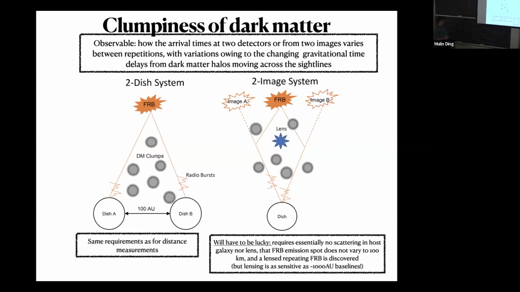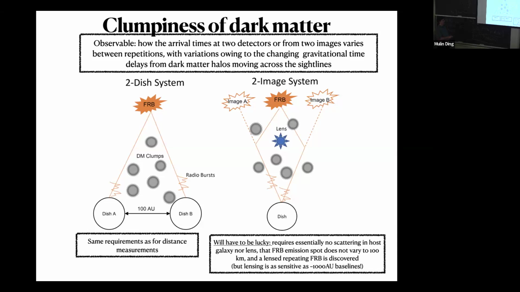It turns out that the two image system, when you're using gravitational lensing, would have similar sensitivity to putting your dishes 1,000 AU apart, but there's a humongous number of caveats that we found for this system that make us feel like we would have to be very lucky. You'd have to have a lensed repeating FRB, only 1 in 10,000 of all your cosmological sources is strongly lensed, and some other things.